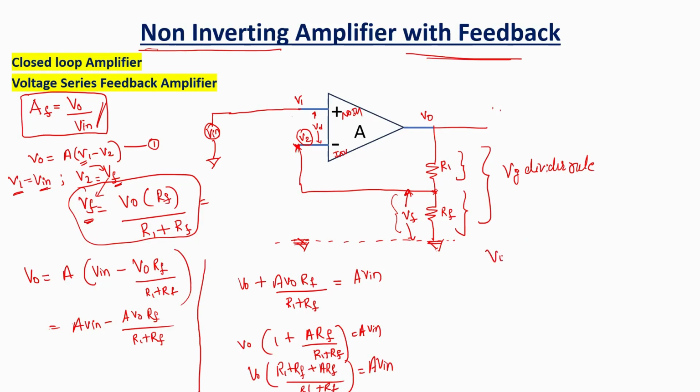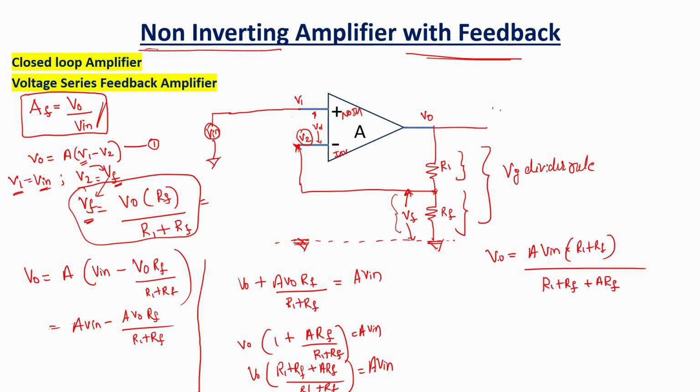Just keep watching that V naught now. It is A into V in into R1 plus RF, divided by R1 plus RF plus A RF.